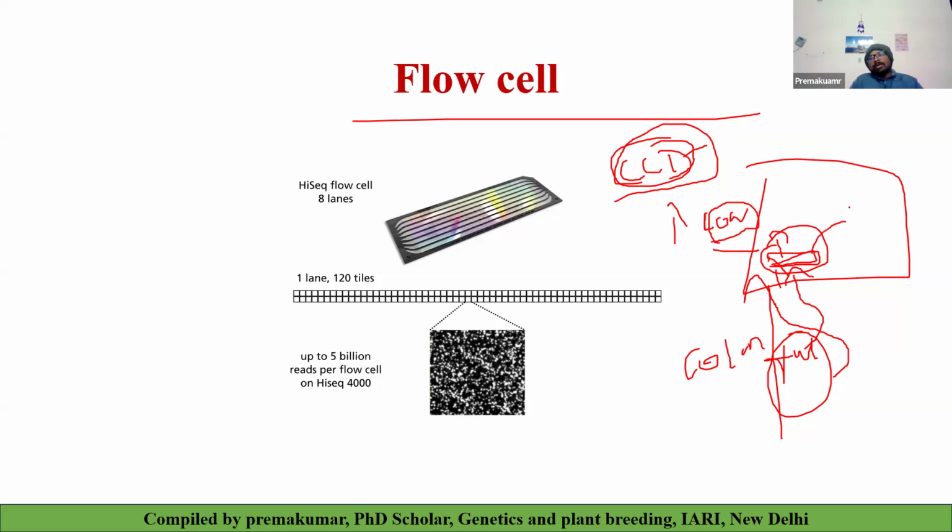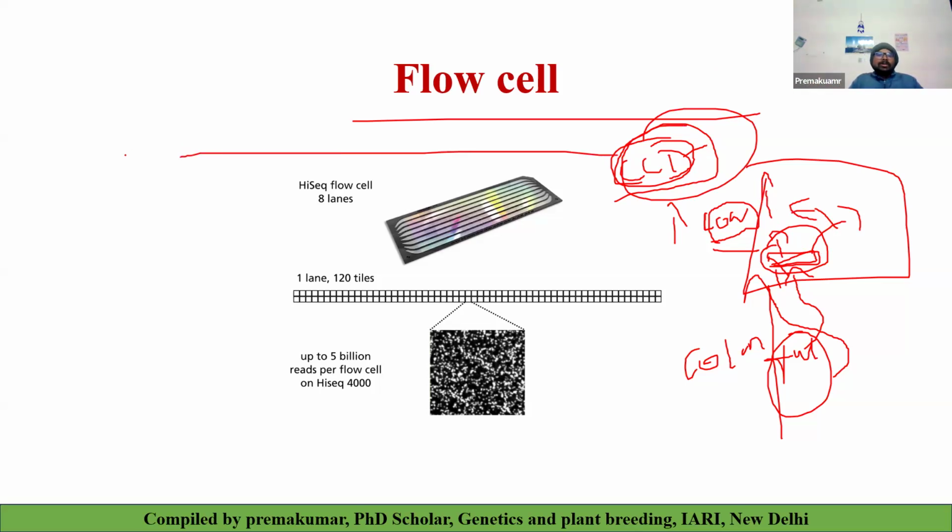We should increase the number of reads of the same fragment so that the intensity becomes very high. When you have millions of fragments, each fragment will emit color, the intensity will increase, and your CCD cameras will be able to detect it. That is the main reason why you go for amplification.